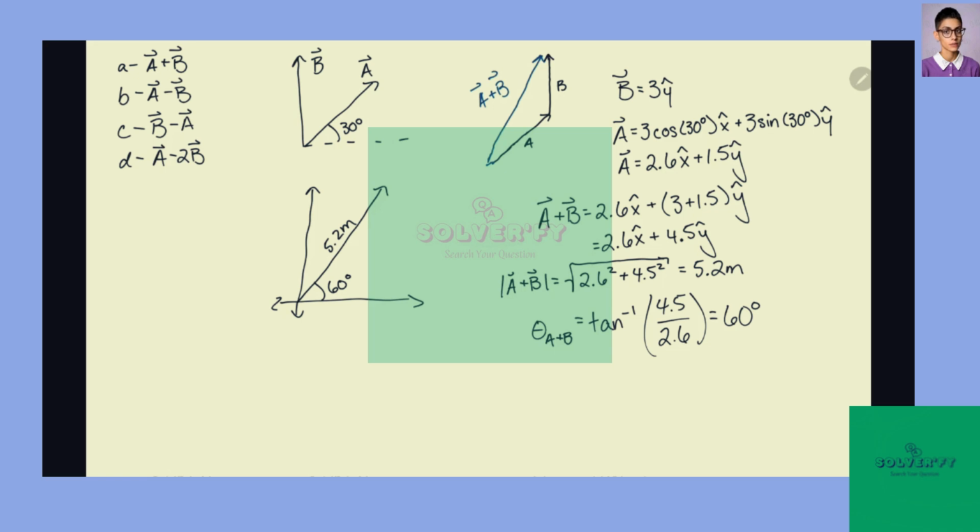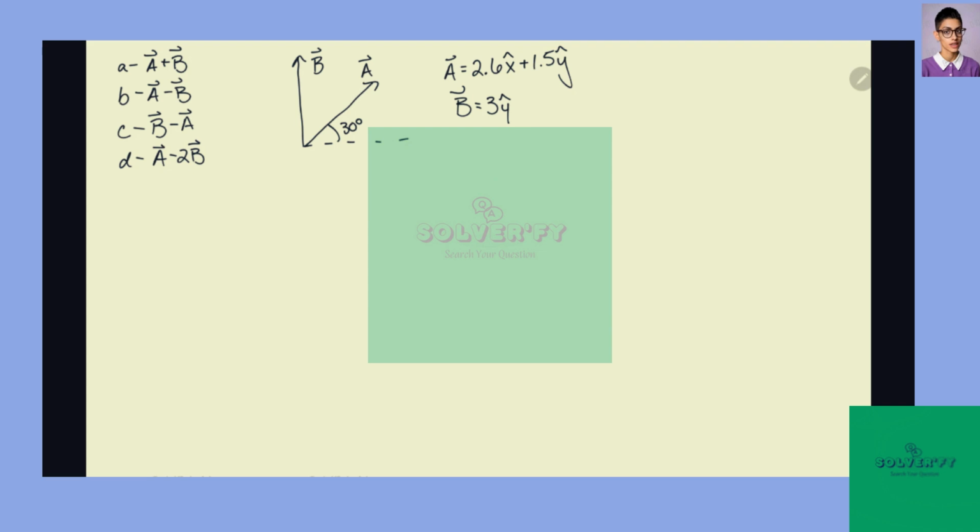Now I'm going to go ahead and erase some of this so we can move on to part B. Okay, part B, we want to find what A minus B is. One of the ways that we can do that is graphically. We can draw A, and then we put the tail of B onto the head of A, but we flip it.